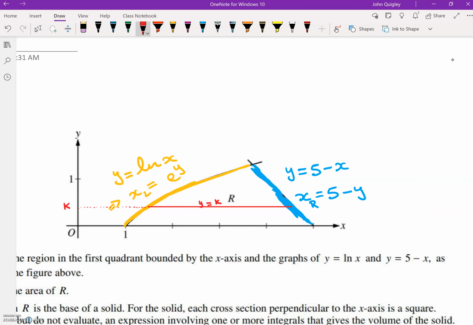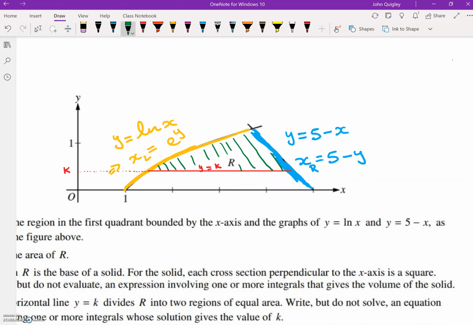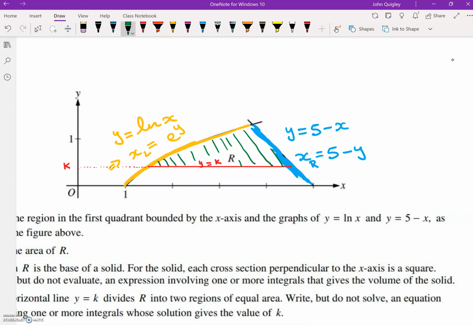So now what do we do? Well, we know that the region above this line, let's shade it in green. This may not look very realistic, but that doesn't matter as long as the general idea is right. The important thing is that the area of the region above the line y equals k is the same as the region below the line y equals k.